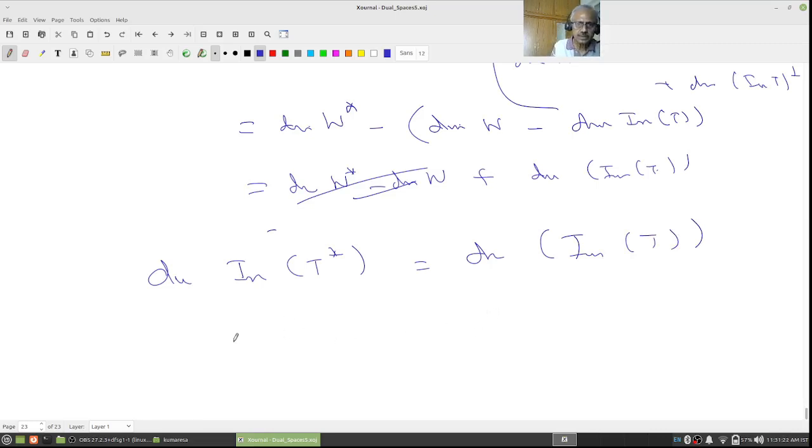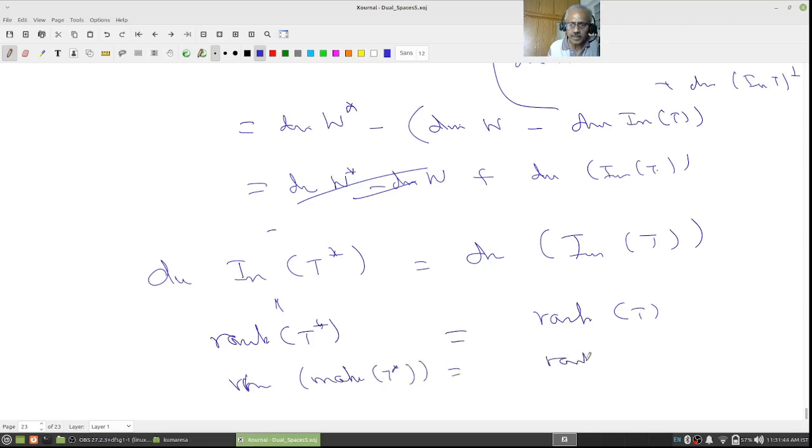Notice that this is nothing other than rank of T star, and this is nothing other than rank of T. Therefore what I have shown is rank of T star is the same as rank of T. Therefore rank of the matrix of T star will be rank of the matrix of T. But the matrix of T star is the matrix of T transpose.